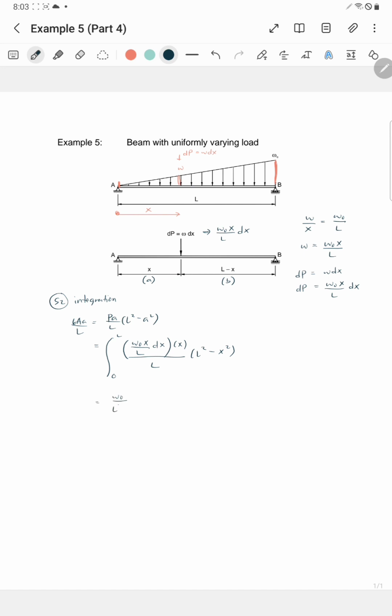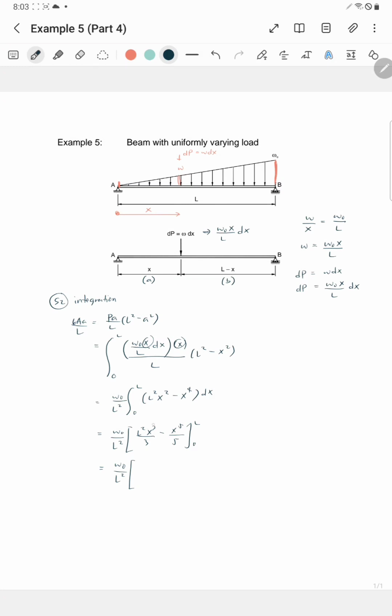So simplify, so WOL square, integrate from 0 to L. Distribute natin yung X square sa loob ng parenthesis. So magiging L square X square minus X raised to 4, and then quantity dx. Then integrate WOL square. So L square X cube over 3 minus x5 over 5 limits from 0 to L. Then substitute L for x.